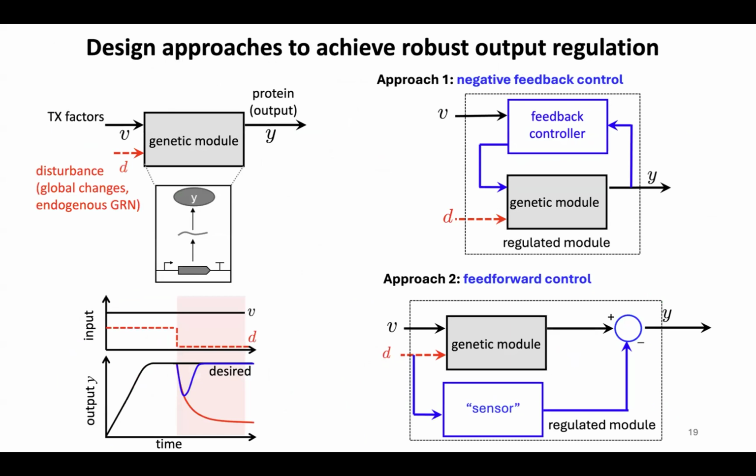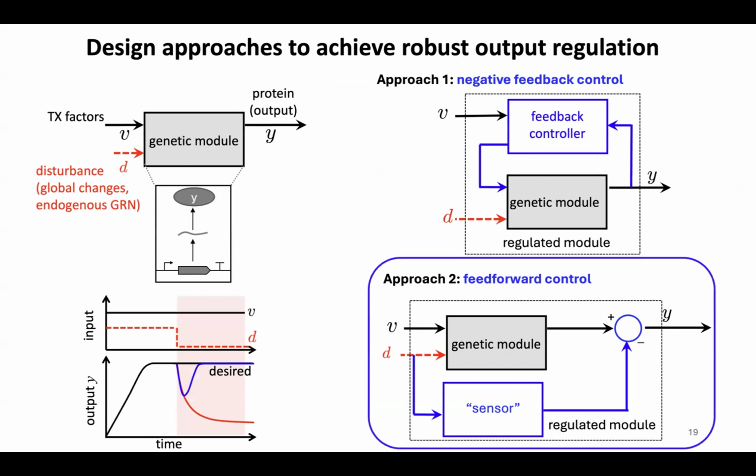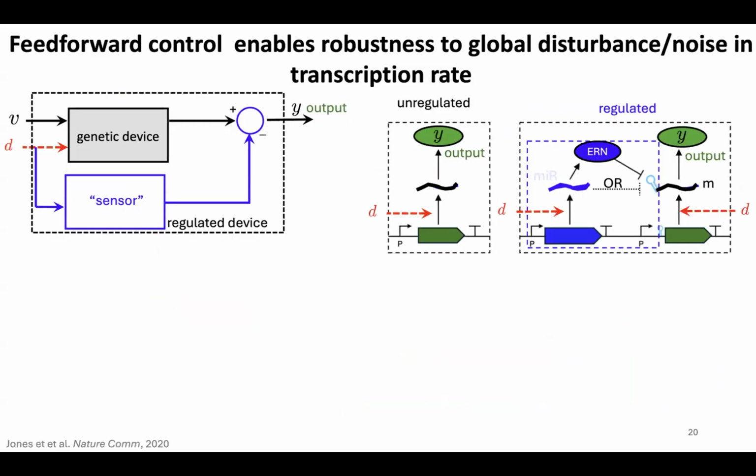So that's for the negative feedback control. We also engineered feed-forward controllers in the cell, which I'm going to show next, essentially with the same idea, to ensure that the output stays constant and is robust to perturbations.